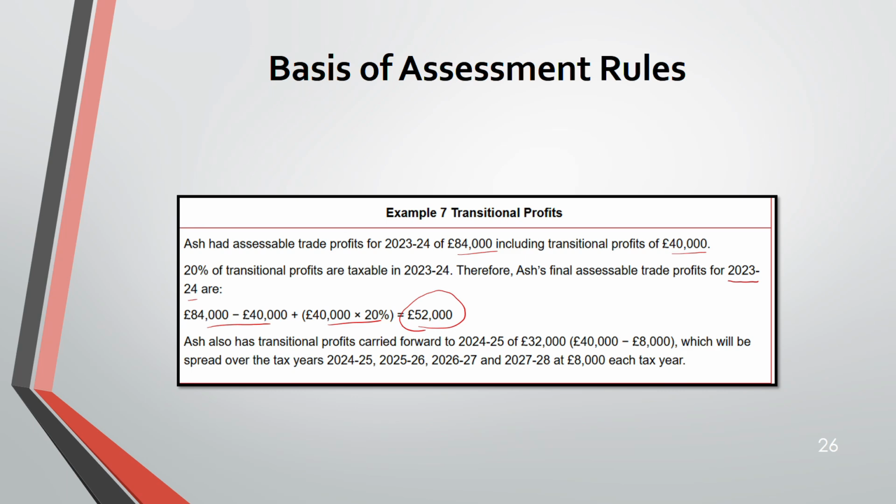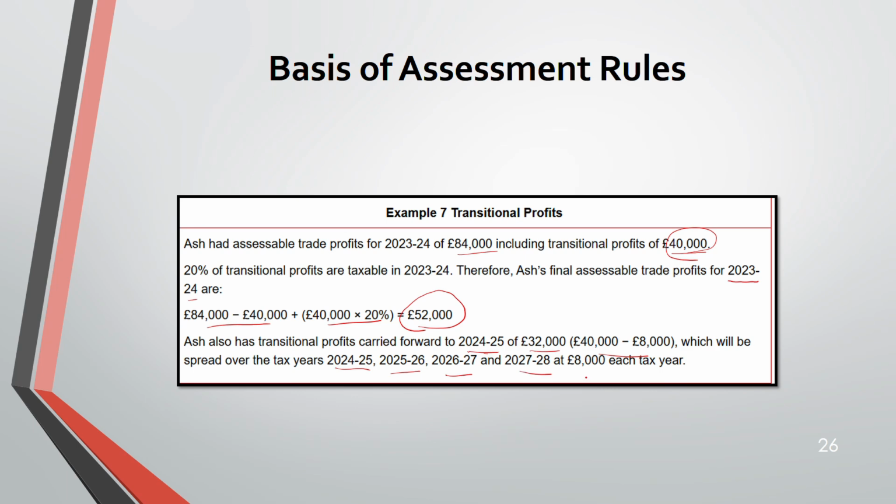Ash also has transitional profit carried forward to 24-25. How much? From your 40,000, take 20% and deduct it. 20% of 40 is 8,000, so you deduct it and it's 32,000. This 32,000 will be spread over the tax years 24-25, 25-26, 26-27, 27-28.